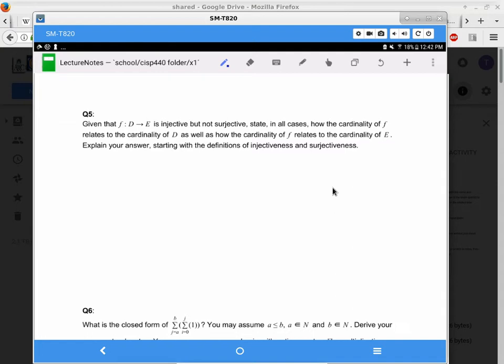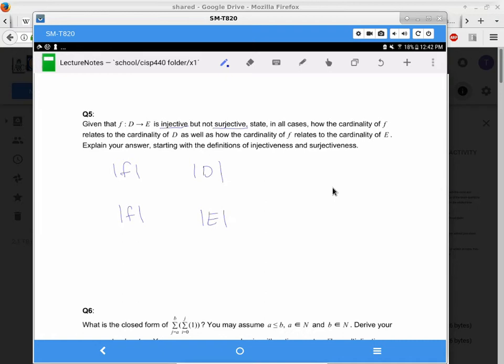So now getting back to here, we just need to know the cardinality of F. How does it relate to the cardinality of D? And how does the cardinality of F relate to the cardinality of E? But you have to remember that we are already given that F is injective, but it is not surjective. So those things are what we know already.